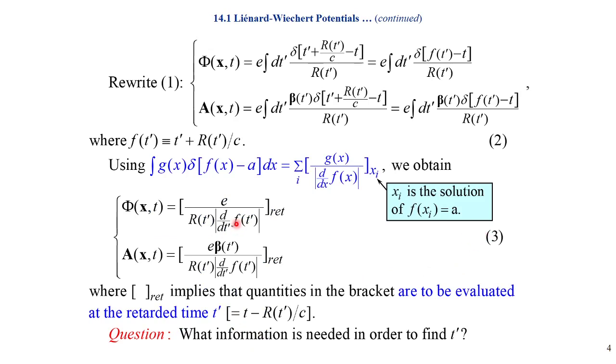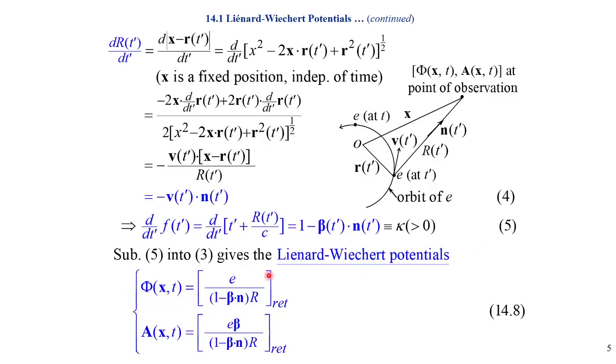So we have this equation: the scalar potential phi equals e over kappa r, and the vector potential A equals e beta over (1 minus beta dot n) r, evaluated at the retarded time.